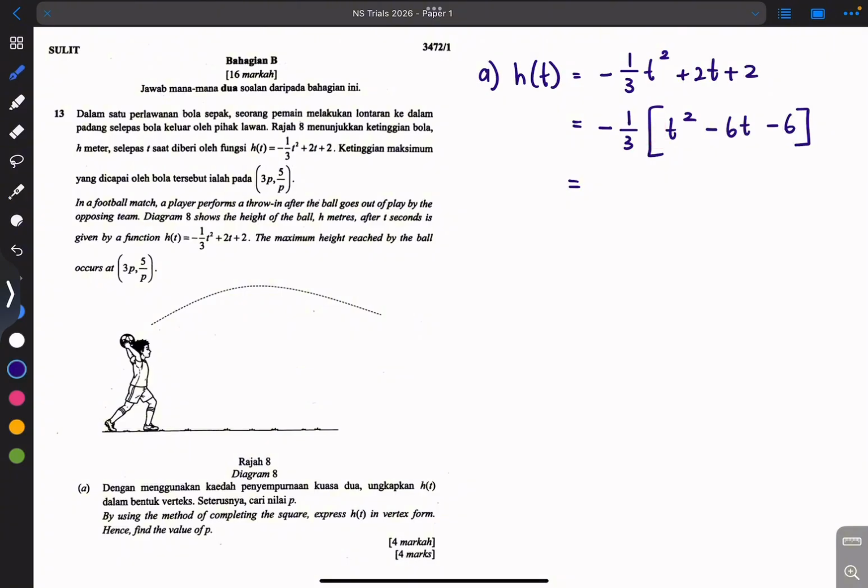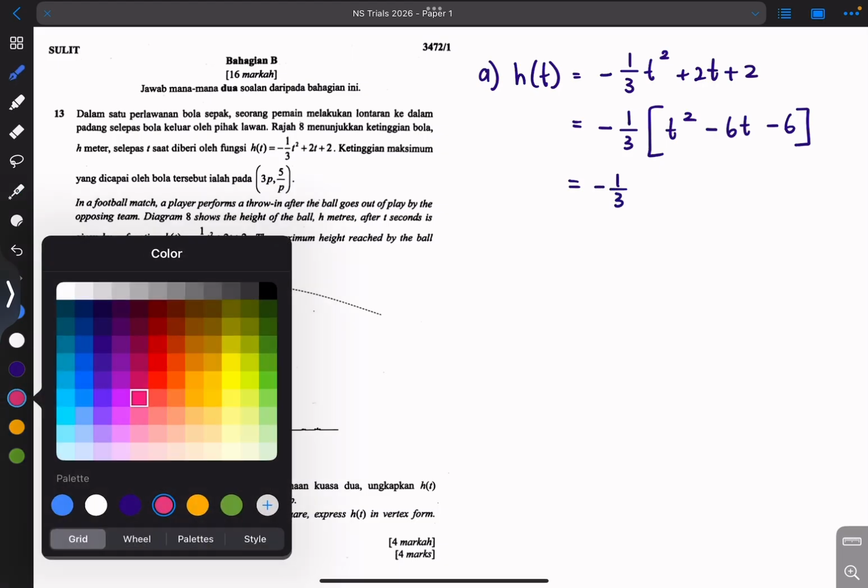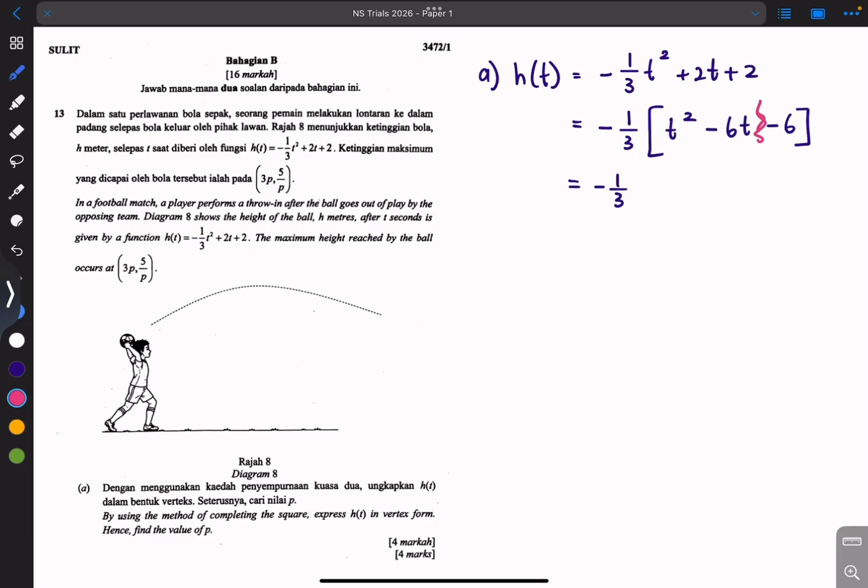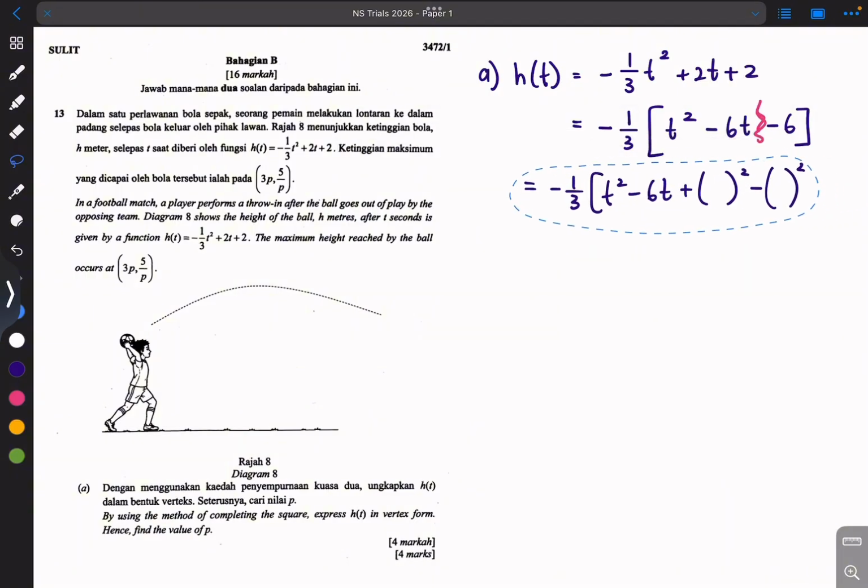Then the next step is to break it down here, and then we add bracket squared. So negative 1 over 3, we break down here: t squared minus 6t. Then you add bracket squared minus bracket squared, and then continue with the negative 6.